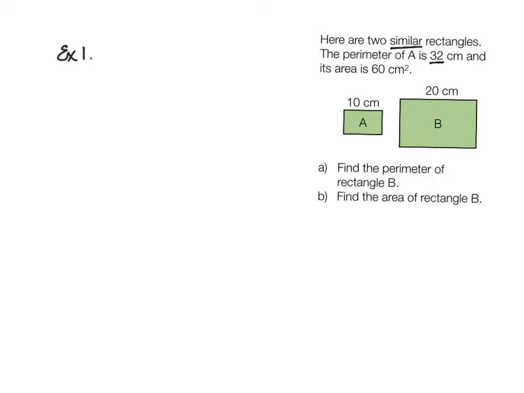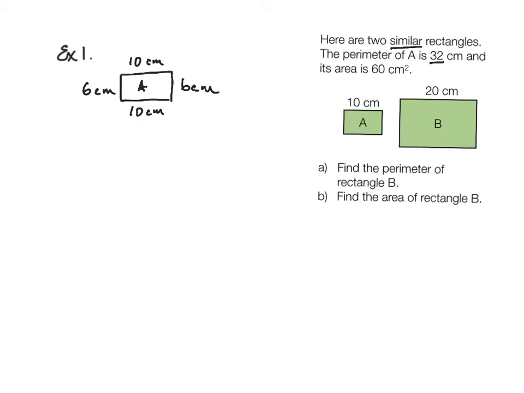So, well, let's consider shape A. So if that side is 10, this side must also be 10. Now 10 plus 10 is 20, and how do we get from 20 to 32? You have to add on 12, which means that this side must be 6, and this side must be 6 as well.